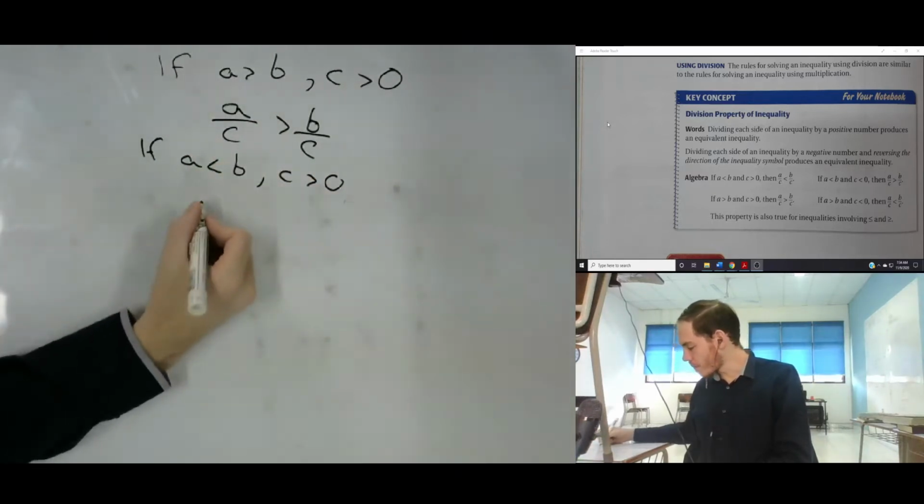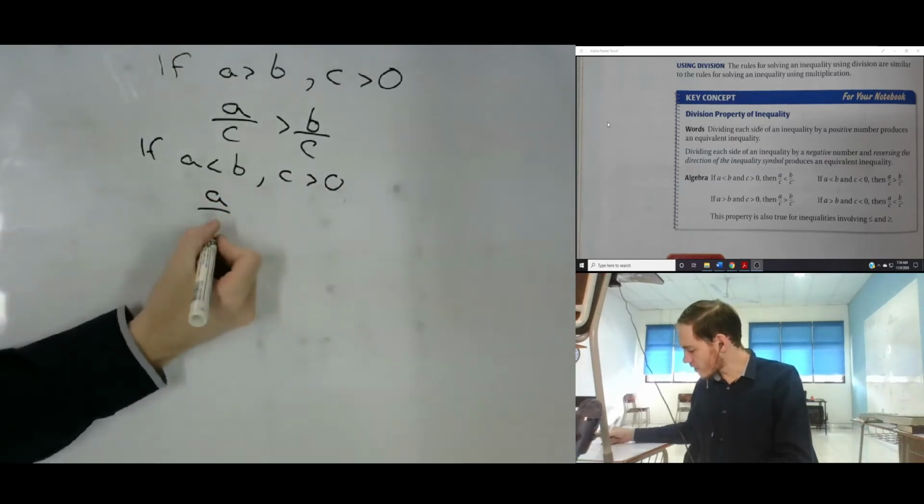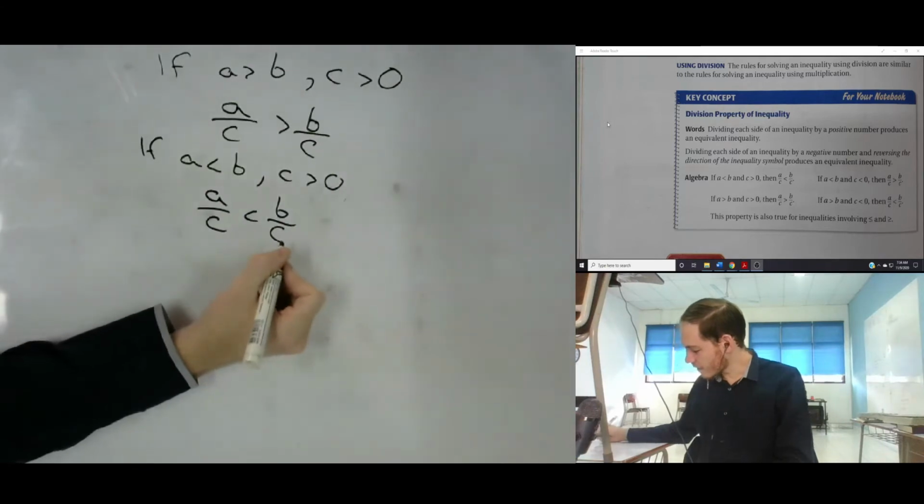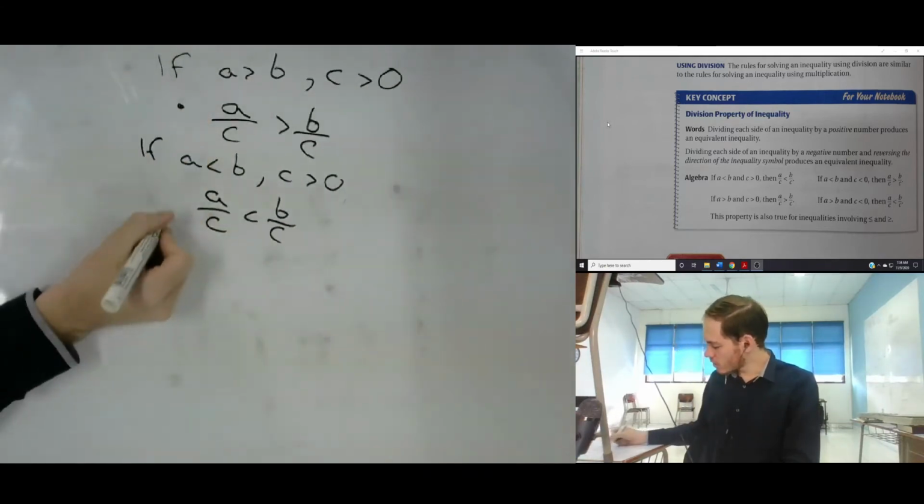You're going to have A over C is less than B over C. So this is true for both of these.